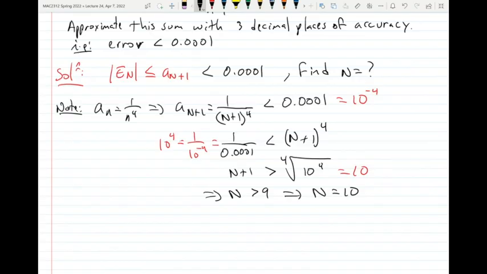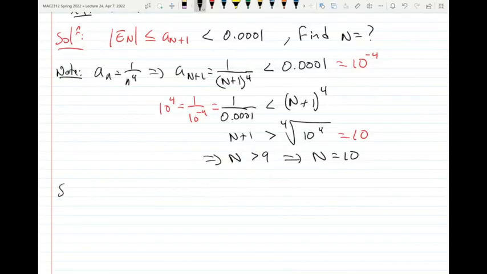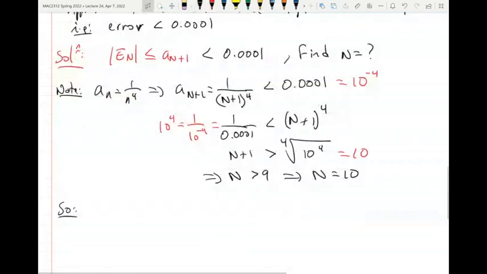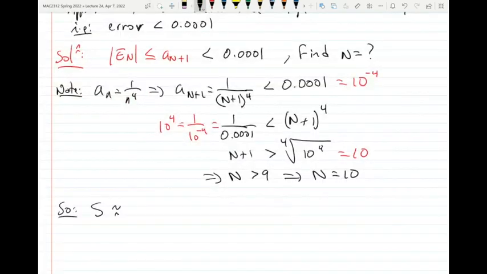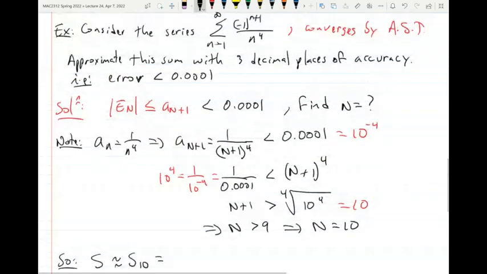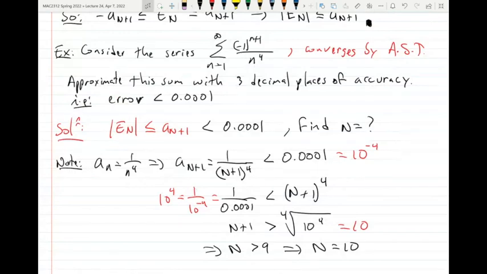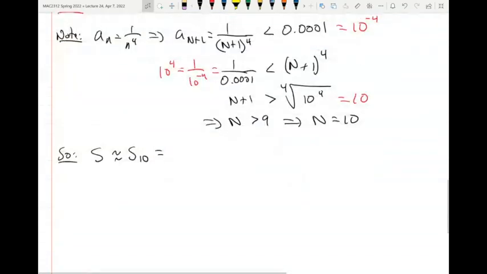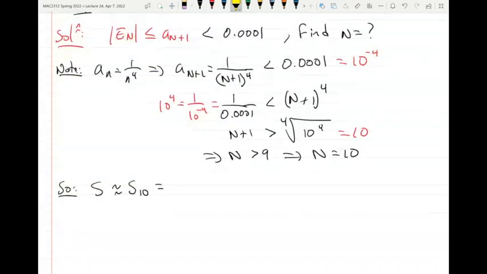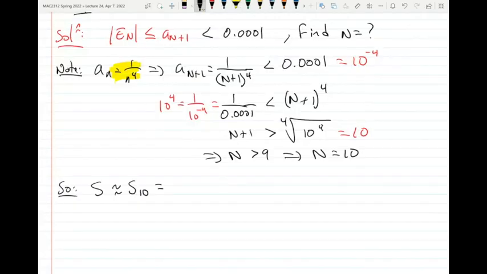So that means that the actual sum S we can approximate by S10. And what is S10? So we start at 1, and it's 1 over n to the 4. Let's look here at the sequence.